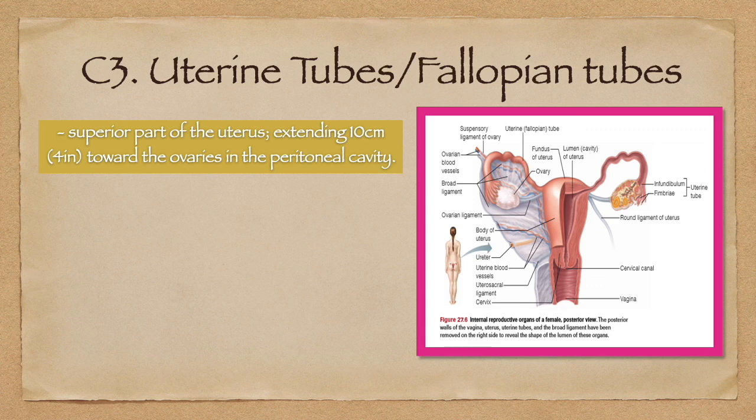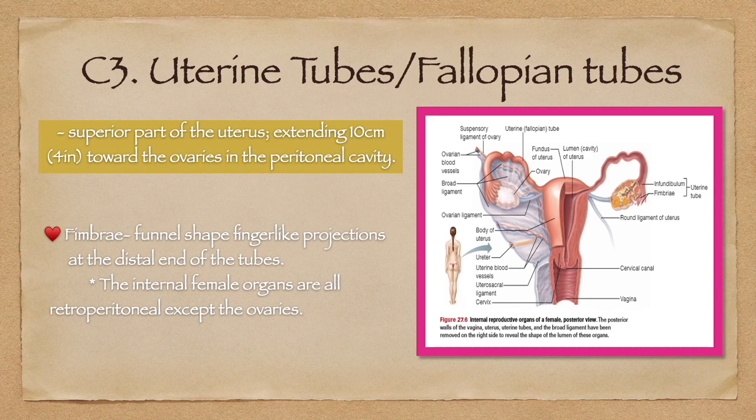So we have 2 ovaries. The distal ends of the tubes are funnel-shaped and have finger-like projections, which are what we call the fimbriae.